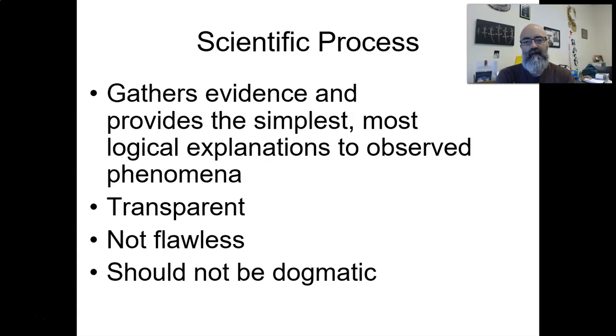So some phenomenon that is observed, whether it be astronomical in the heavens or health-wise, something ecological that we see that has no explanation, then that's what science does, it uses this process to gather evidence for the best explanation for that phenomenon.